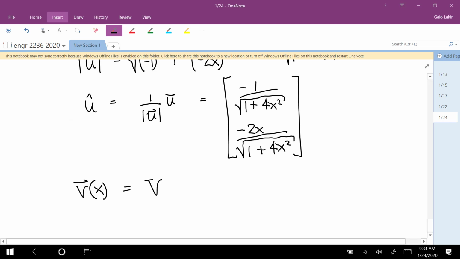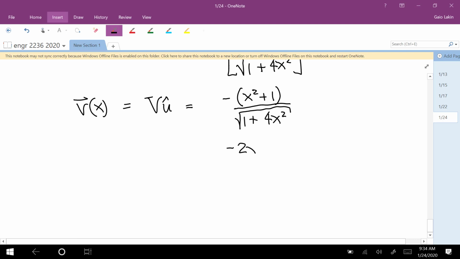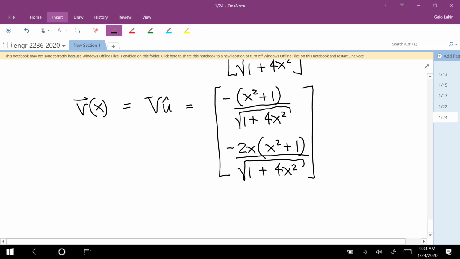So that's v times this unit vector, which is negative the square root of the quantity x squared plus 1 over 1 plus 4x squared, and then -2x times the square root of the quantity x squared plus 1 over 1 plus 4x squared. Okay, now we have the velocity as a function of x.